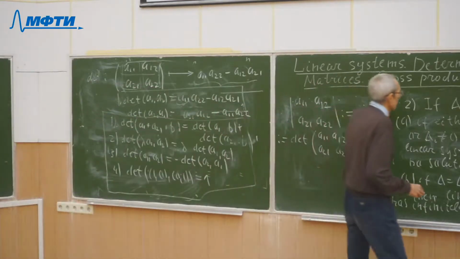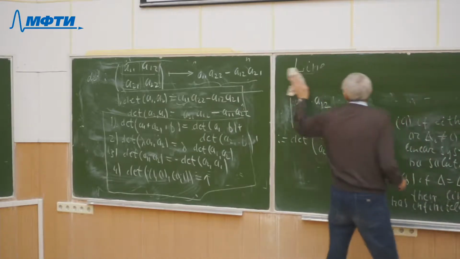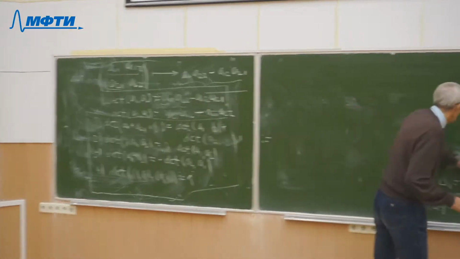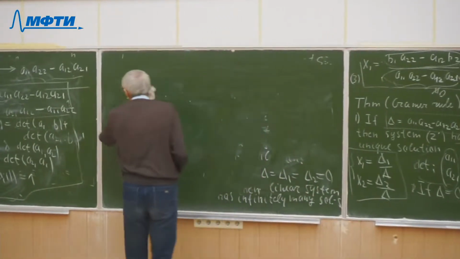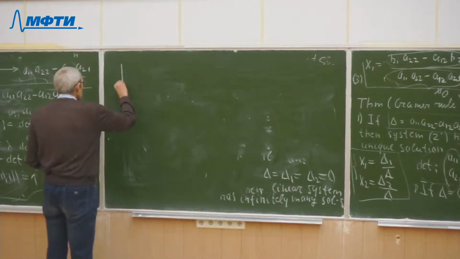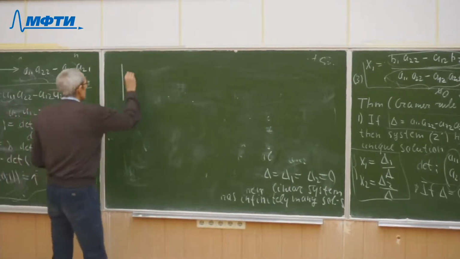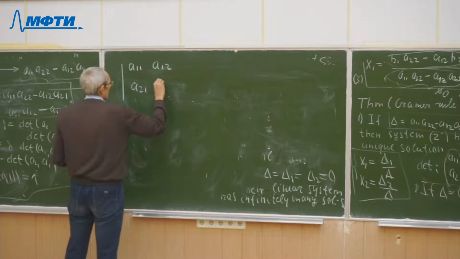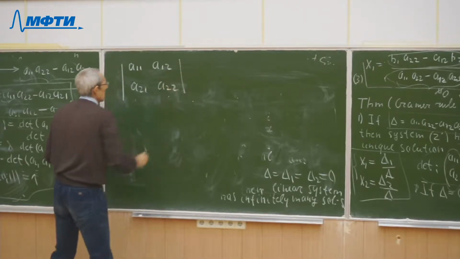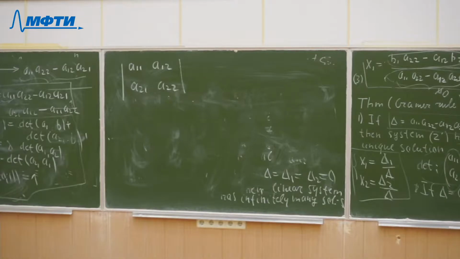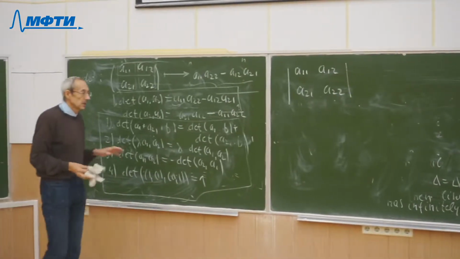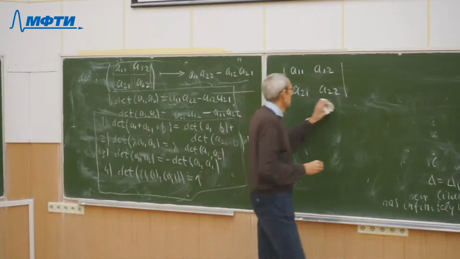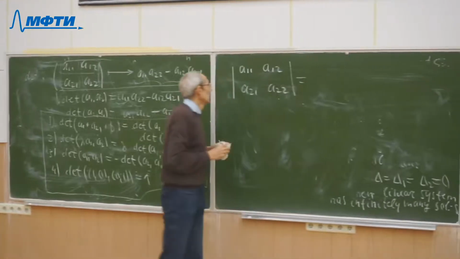Let's suppose that the expression for our determinant is defined only by these properties, and we don't know this formula. Let's obtain this formula using these properties.